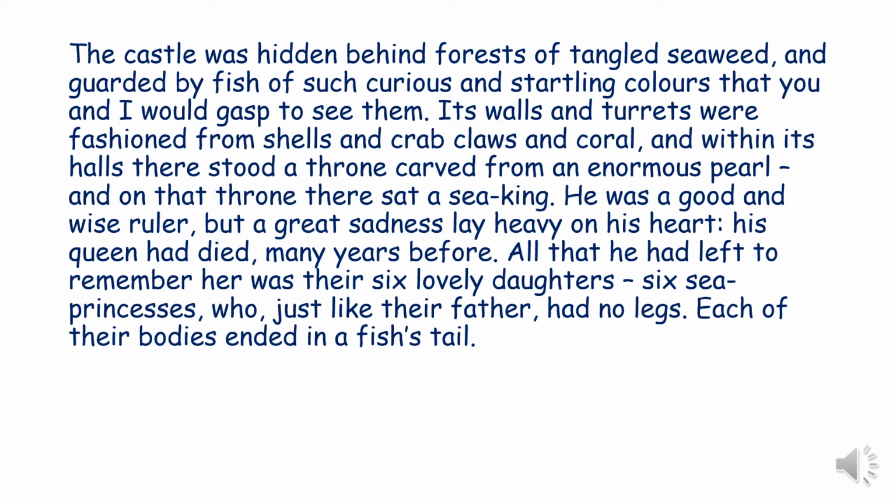He was a good and wise ruler, but a great sadness lay heavy on his heart. His queen had died many years before. All that he had left to remember her was their 6 lovely daughters, 6 sea princesses, who, just like their father, had no legs. Each of their bodies ended in a fish's tail.